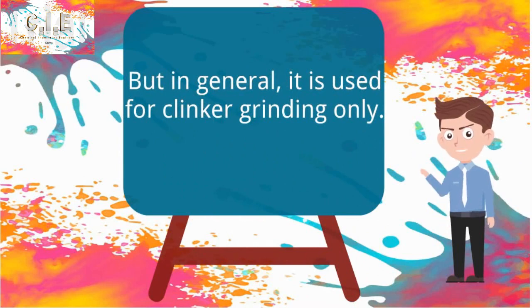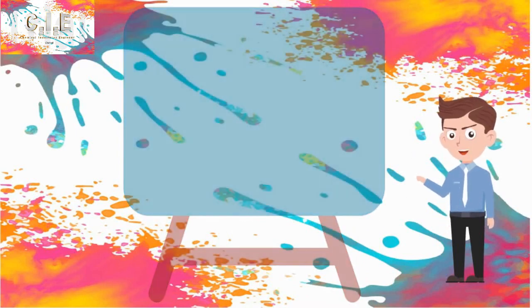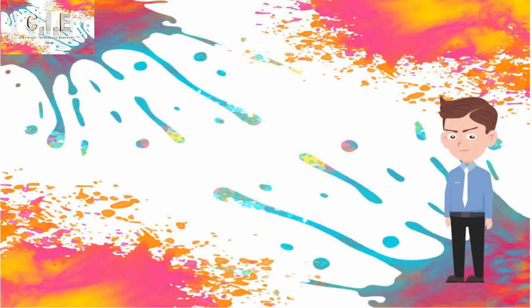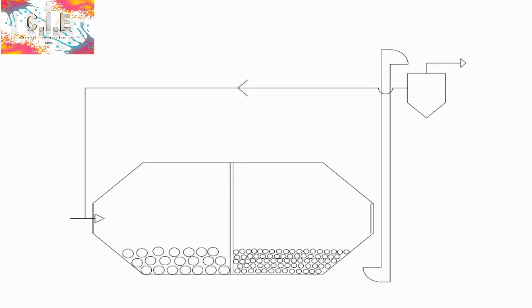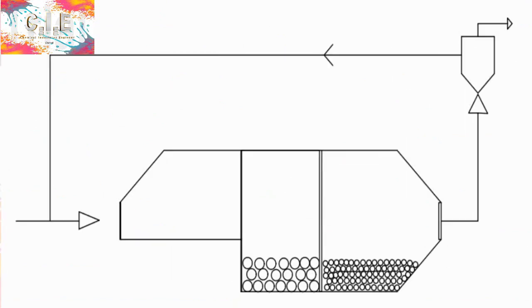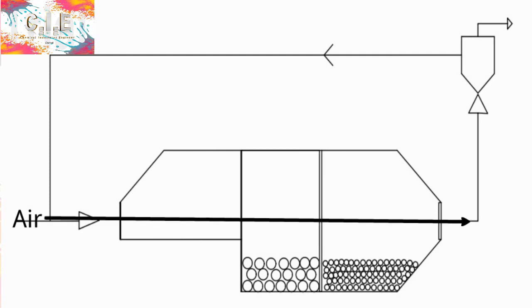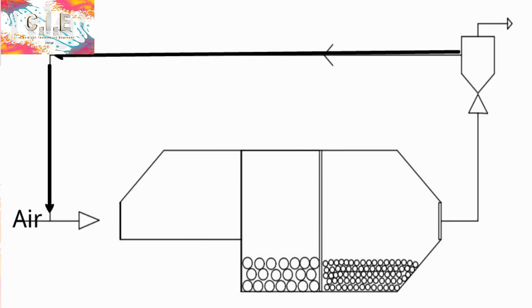In this type of mill, two ways are used to separate fine and coarse products, by air swept or by bucket elevator. By air swept, the air passes through the mill and takes the fine to the separator and leaves the coarse for regrinding.